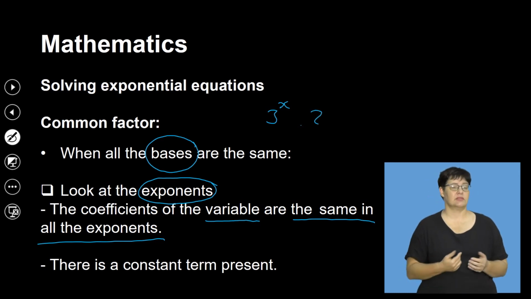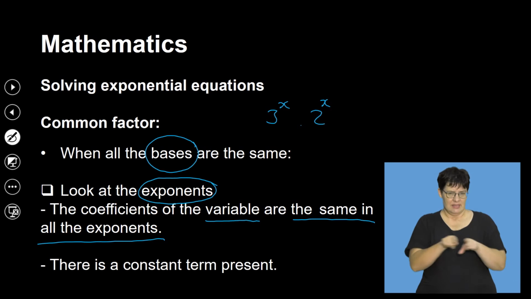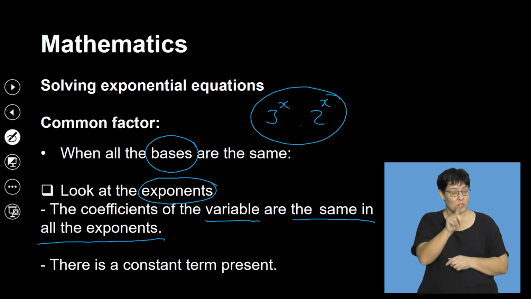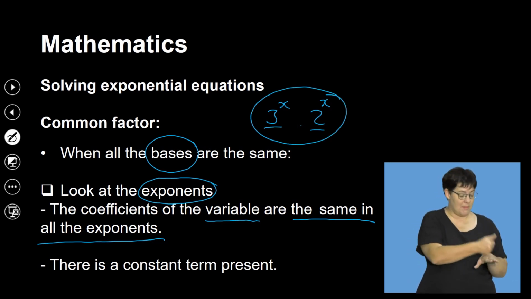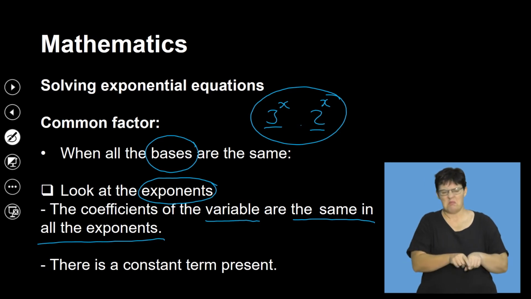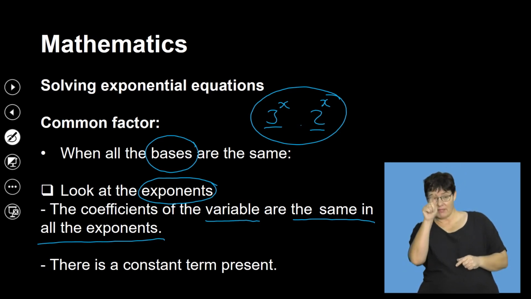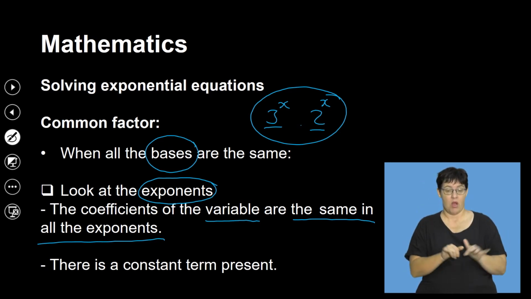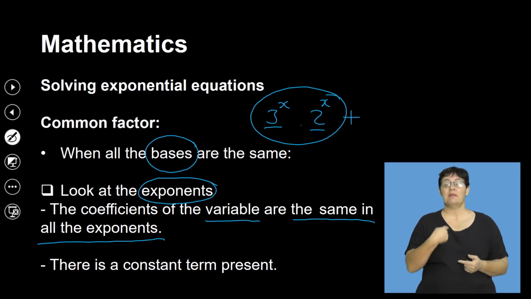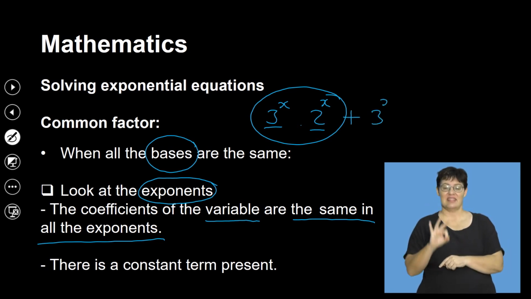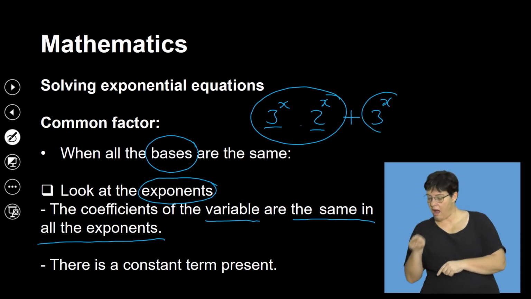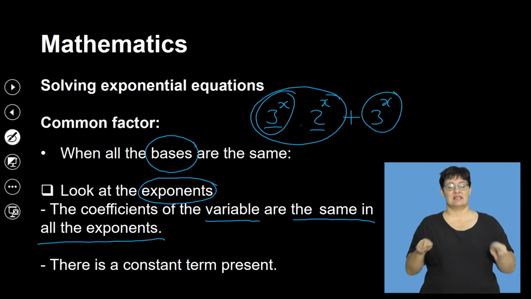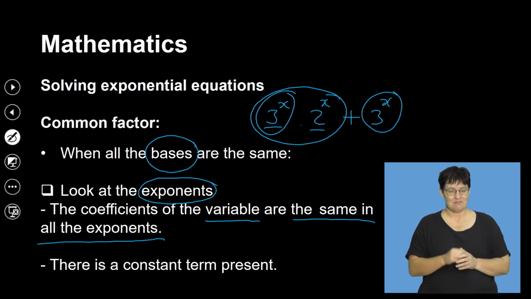Multiply by 2, maybe to the exponent of x, like that. So what this means is I am looking at the bases that are not necessarily the same, but my exponents are the same, right? But I can't take out a common factor here unless I then say plus 3 to the exponent of x. Then you can see that my bases here will therefore be equal. So that's really what I mean there.